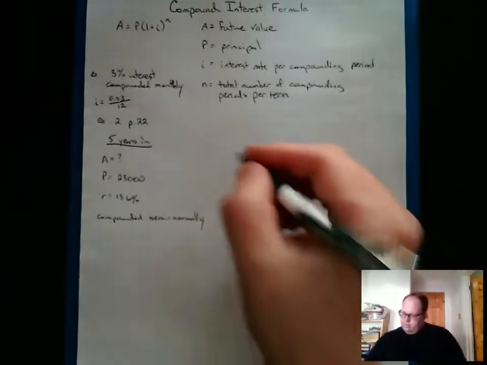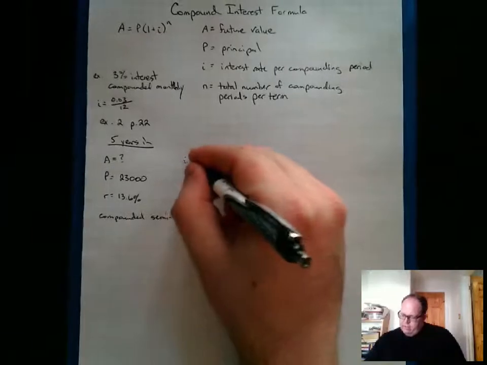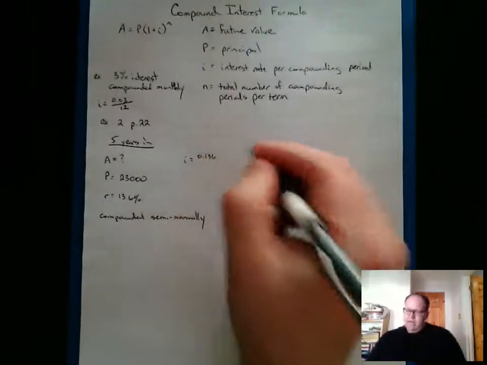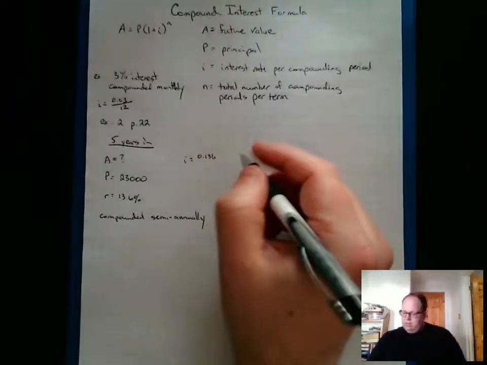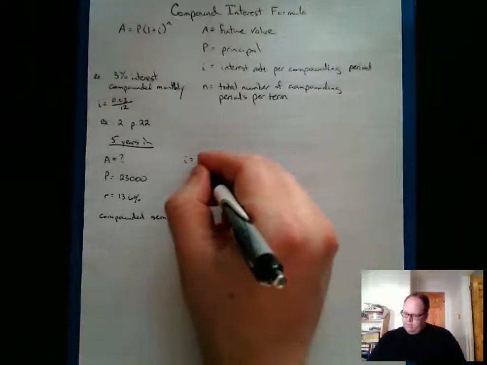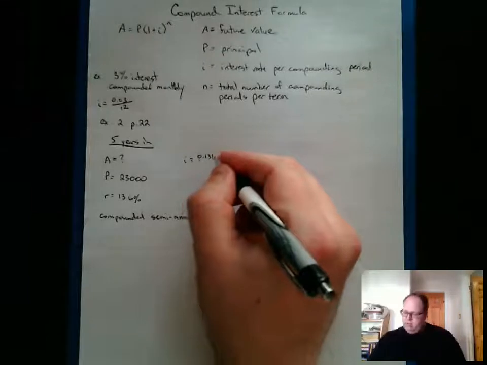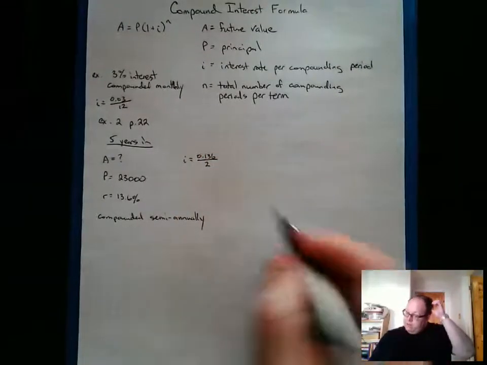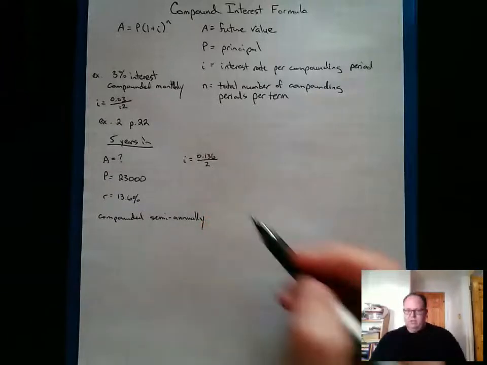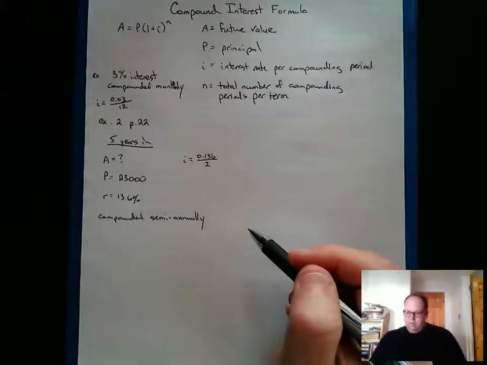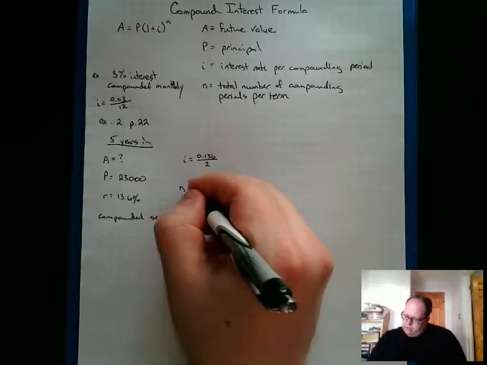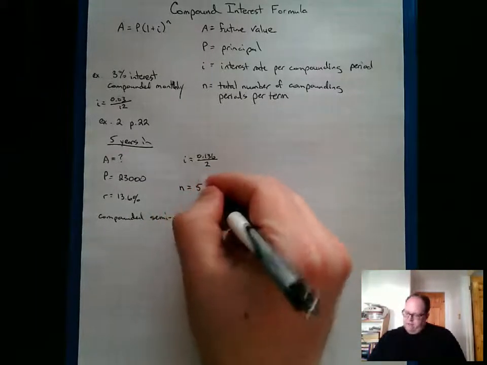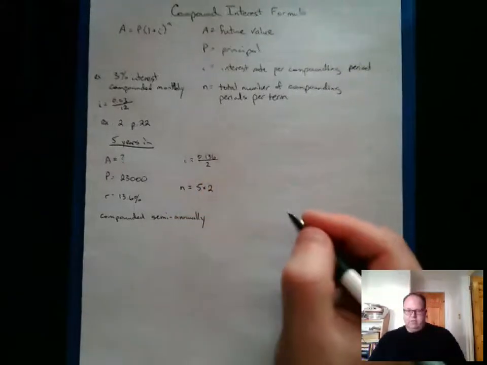So, for my i value, that tells me my i value is going to be 0.136, and semi-annually means every 6 months or twice a year, as opposed to biannually, which would be every 2 years. So compounded semi-annually means I'm going to divide by 2 when I find my i value. Now for my total number of terms, I'm doing this for 5 years, twice a year.